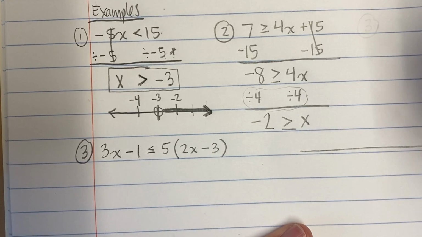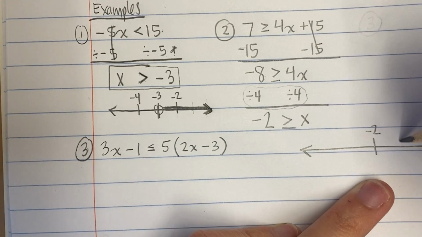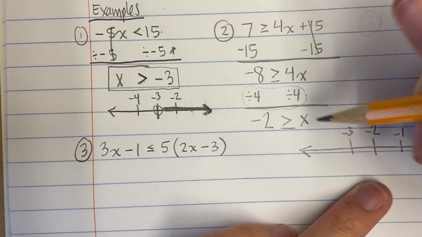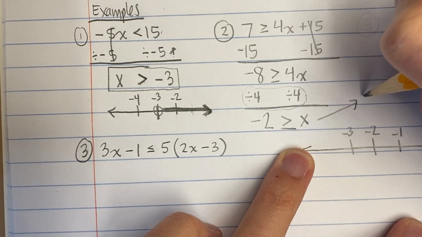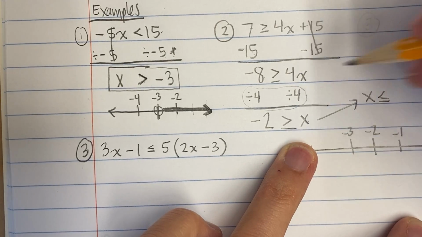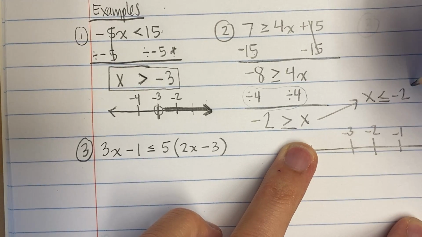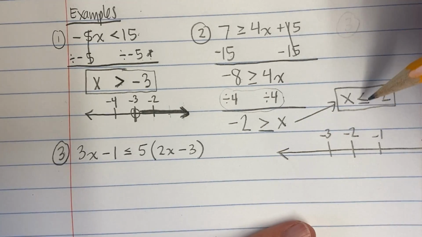So this is what the graph looks like. Here's -2. Again, on the negative side, the numbers go backwards: this is 0, -1, -2, -3. In this case, I have a closed circle. Since x is on the right, I'm going to flip it around and put it on the left side, because it makes it way easier to think about what this means and graph it.